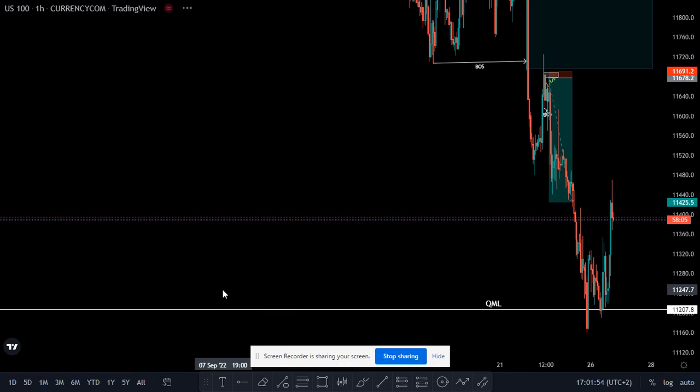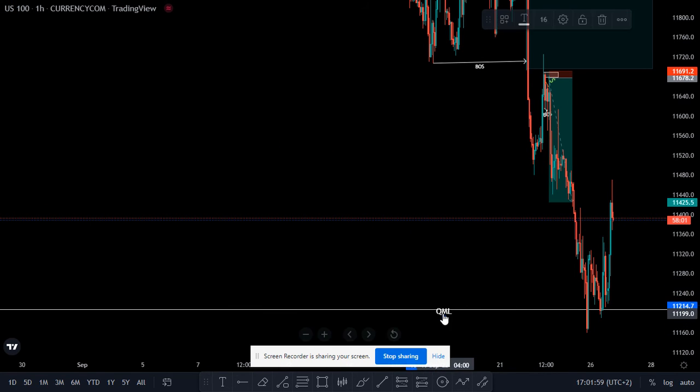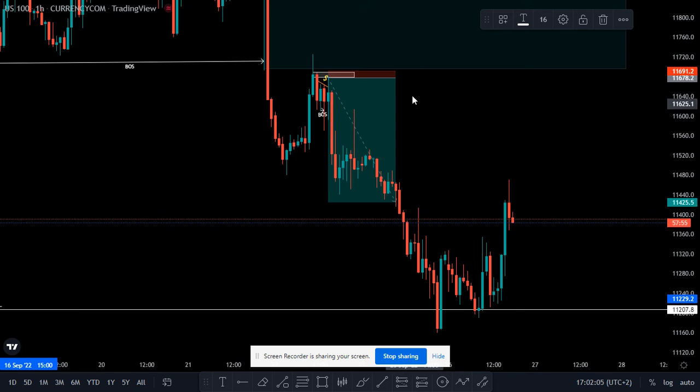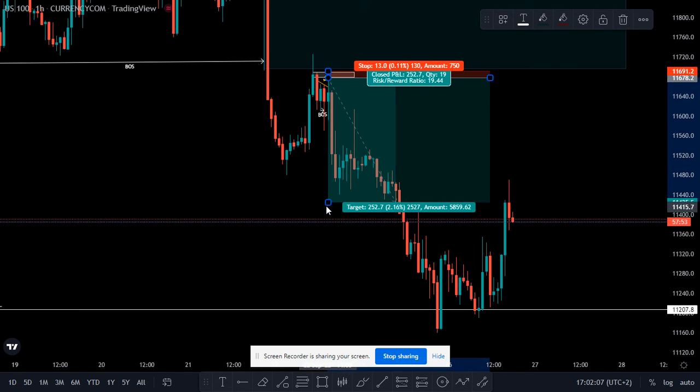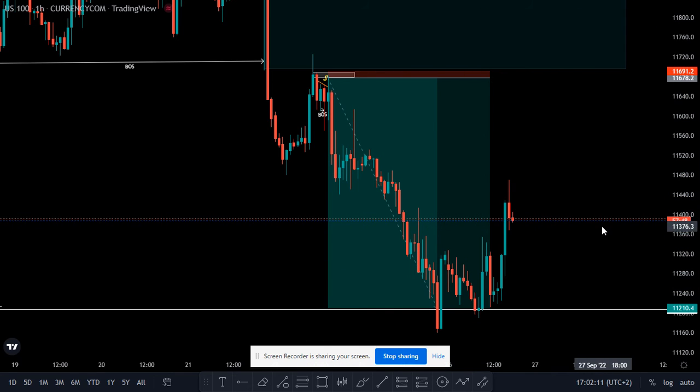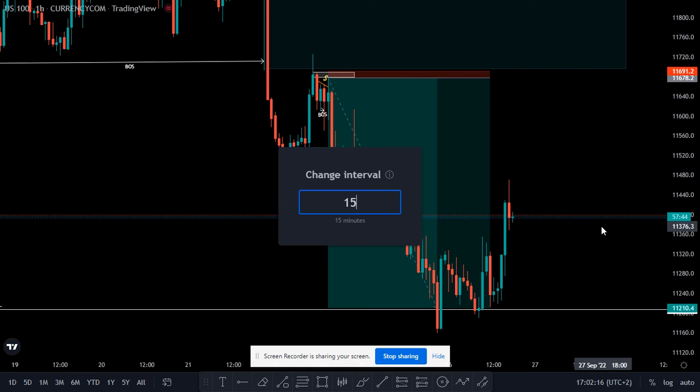Let me go to 1 hour. So we had this interesting point that we identified a long time ago. We knew that the market would come and tap into this days before this could even happen. So our TP had to be in the Q just before the QML we identified. Let's go back to 15 minutes.